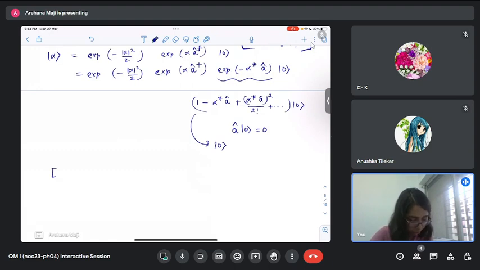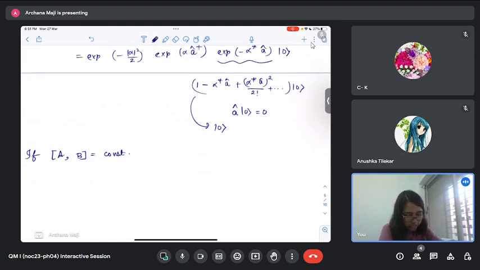Suppose you have two operators A and B, the commutator of which is a constant. This identity, which ma'am gave during the lecture, you must know, but let me say it because we probably need it in the assignments.